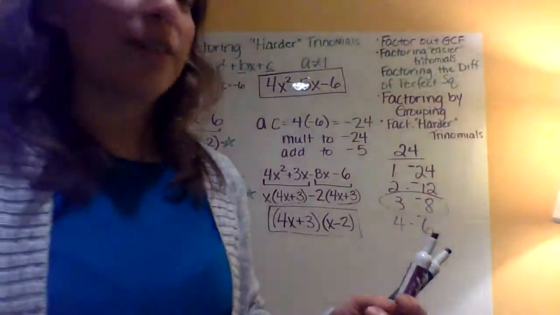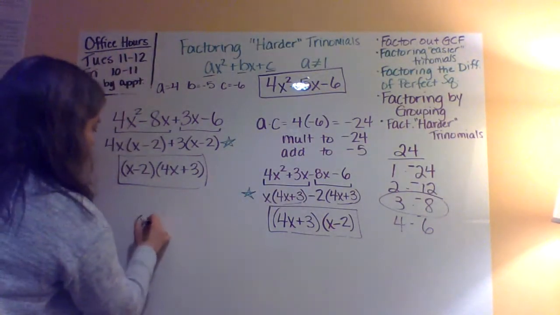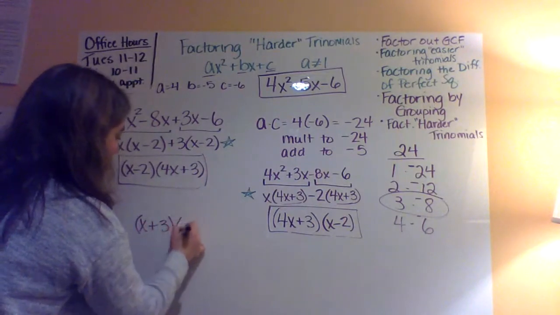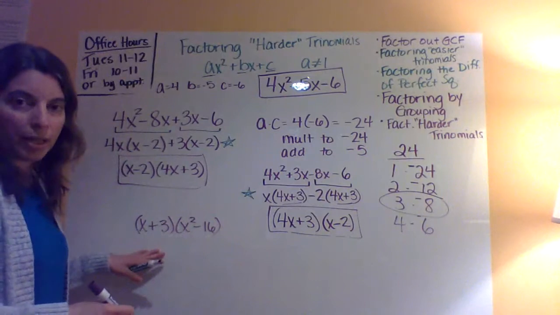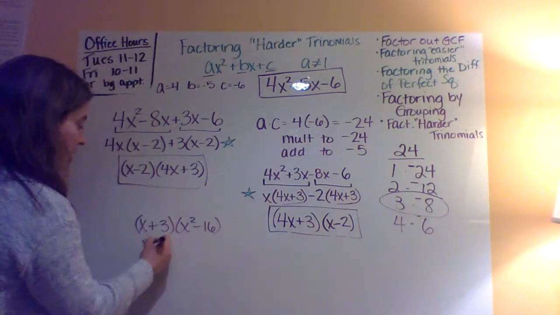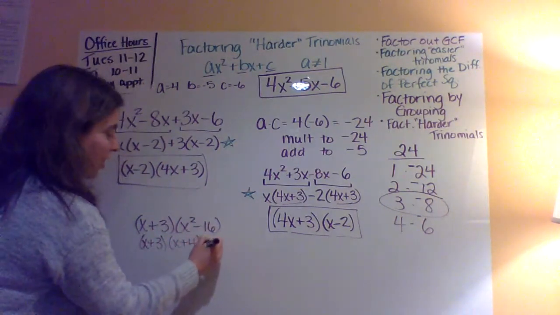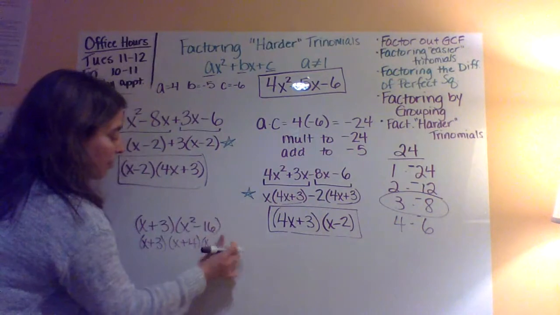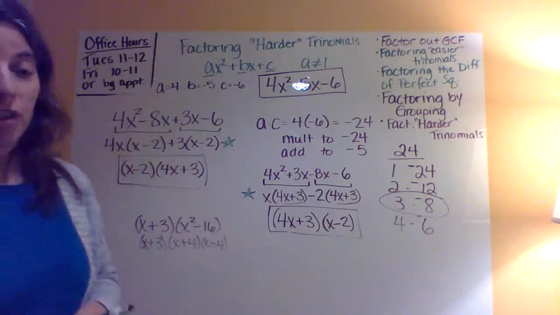Okay, so for example, if you do factoring by grouping and you end up with x plus 3 and then x squared minus 16, let's say those are your 2 factors you end up with, well, this one can keep going. You need to do difference of perfect squares, right? That's just an example. But sometimes you factor, what you end up with still can be factored further.